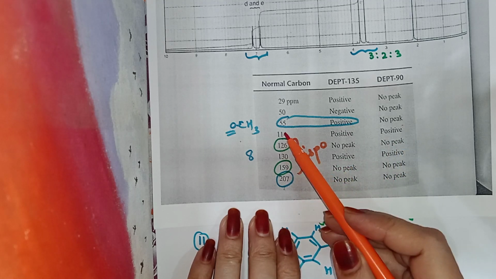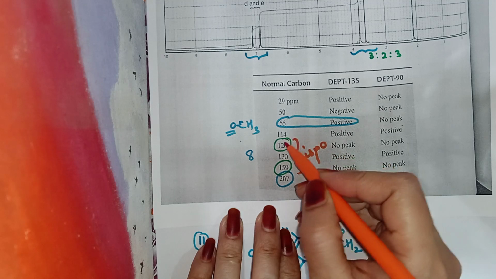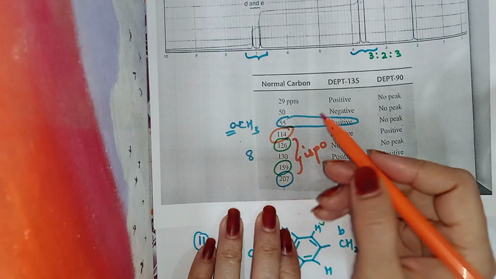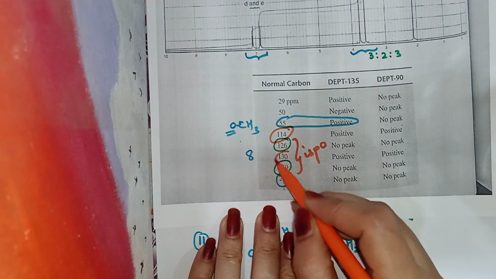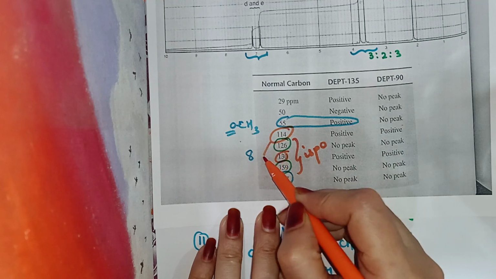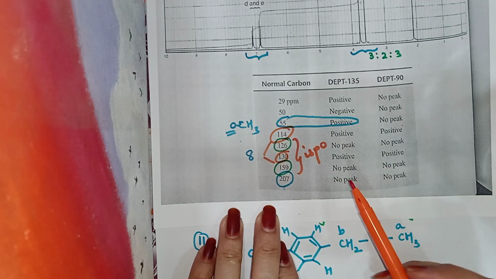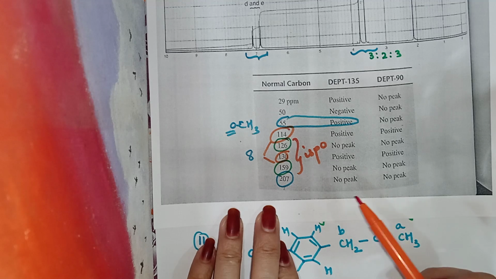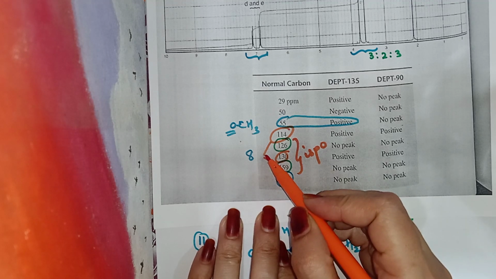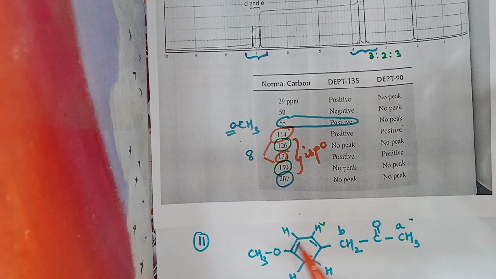The remaining 2 peaks at 114 and 130 ppm are assigned to the remaining 4 carbons, which are equivalent by symmetry.